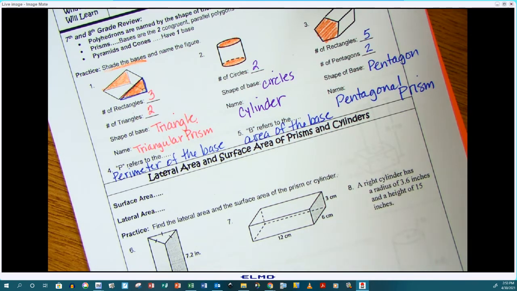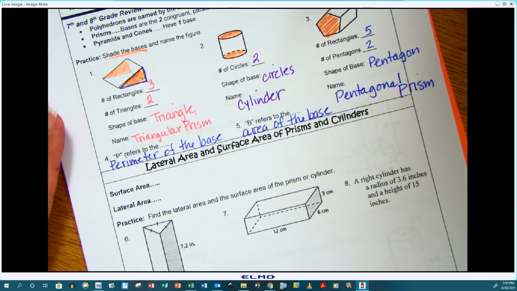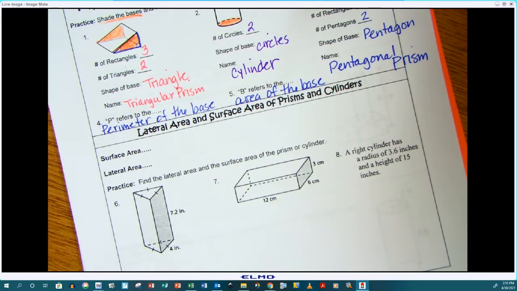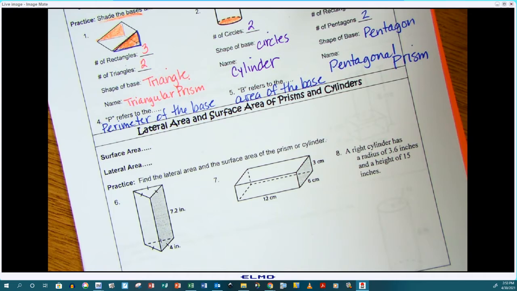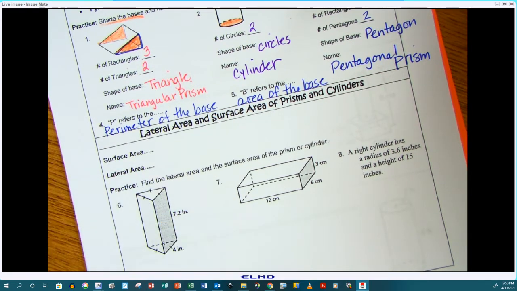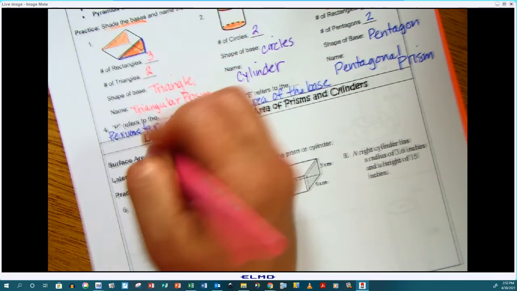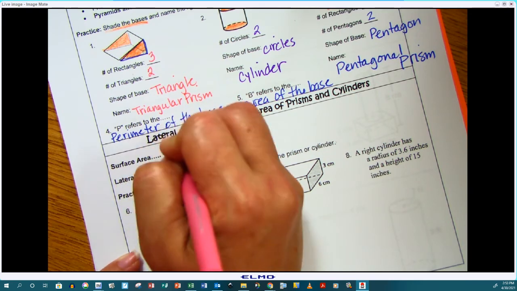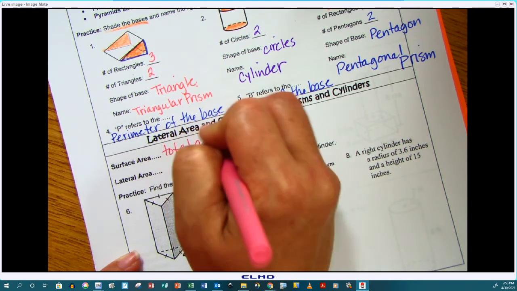So now let me show you the very easiest way to do this. So first thing we need to make sure we understand is the difference between surface area and lateral area. Surface area is total area. Surface area means total area.